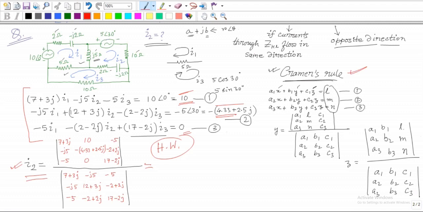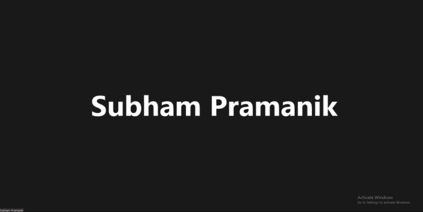Now today we shall see another thing which is called super mesh. So let's see what super mesh is. Last day we were here.